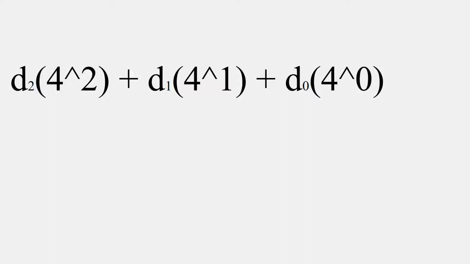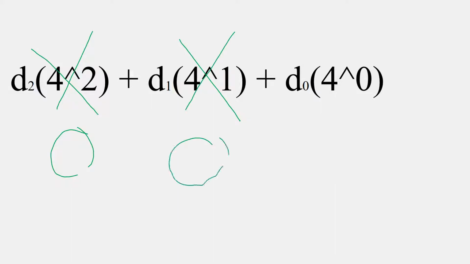As we continue to prove it, on the congruency chart, 16 and 4 are both congruent to 0, so we can replace these two by zeros. This leaves us with the ones place, which is the only place value that is relevant when dividing by 4.